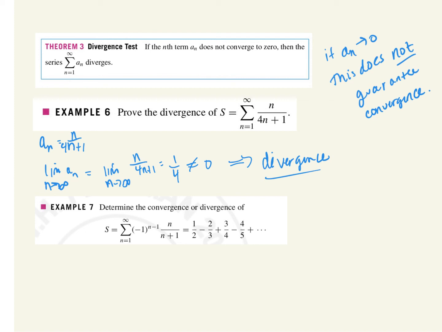Determine the convergence or divergence of this S. So from 1 to infinity, we have -1 raised to the n minus 1 power times n over n plus 1. And they've listed it out for us: 1/2, -2/3, +3/4, -4/5, etc. Okay, so we see our a sub n, we need to take the limit of that.